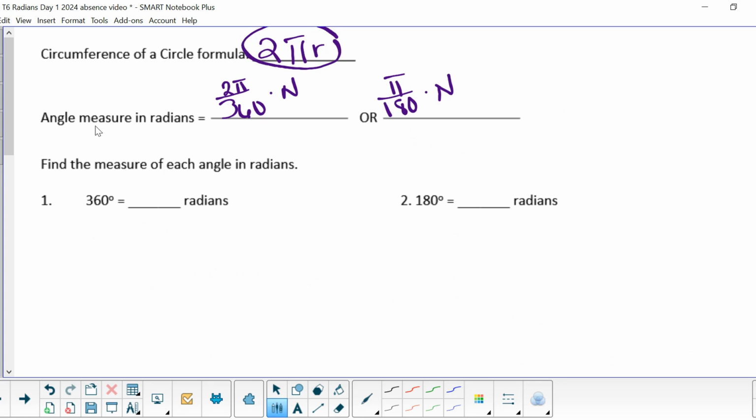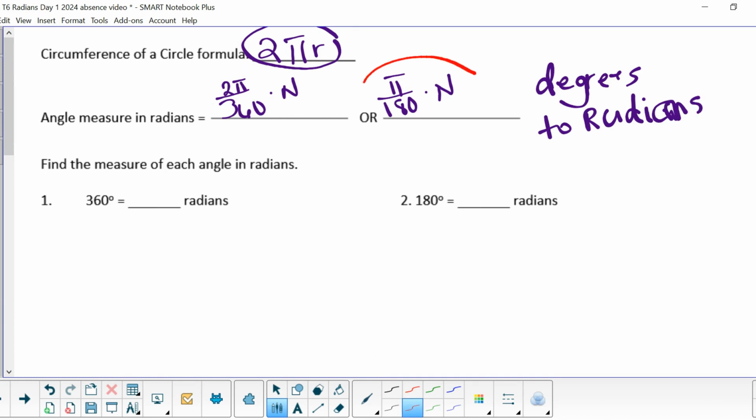And if you want to change from degrees, so this is our formula. This is to go from degrees to radians. So let's add that to your paper. If you want to go from degrees to radians, you're going to use one of these two formulas. Really, you're going to use this one.